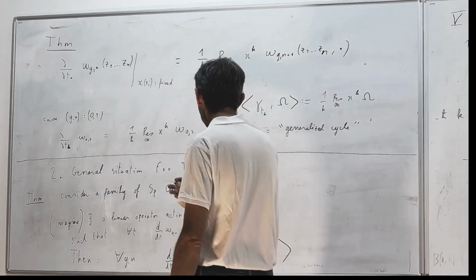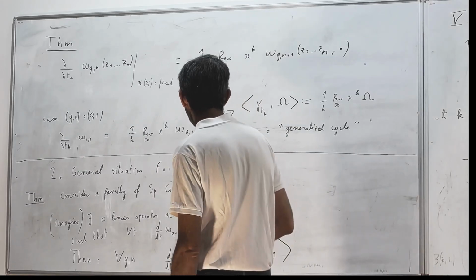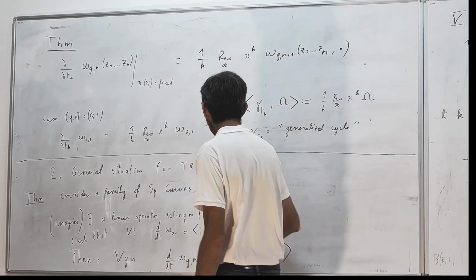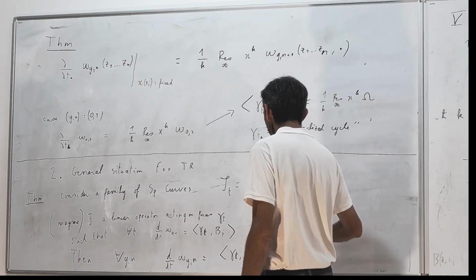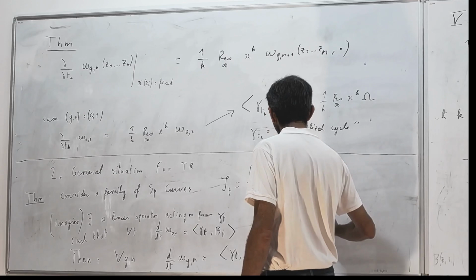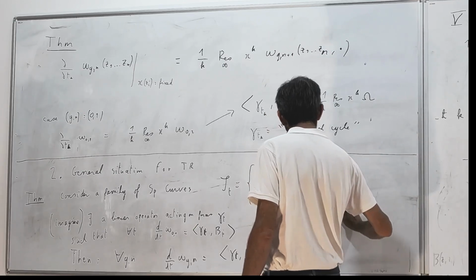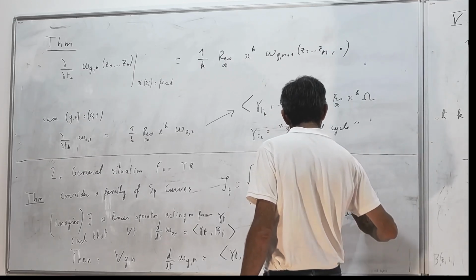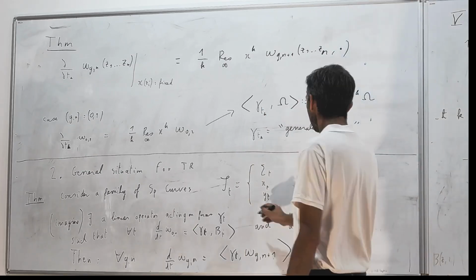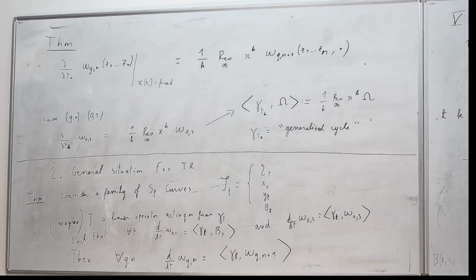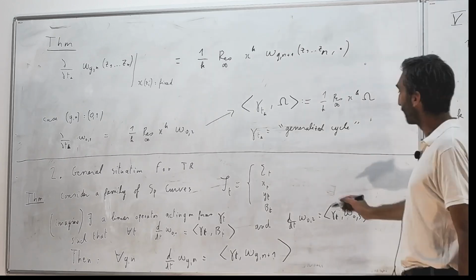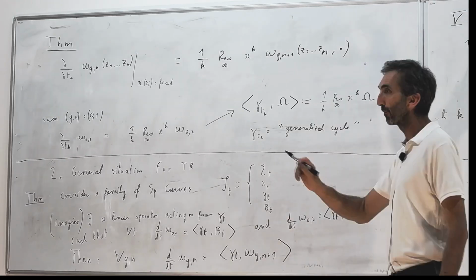Sorry, I skipped a detail: such that this is true for omega 01 and d over dt of omega 02 is gamma t omega 03. So if it's true for both of them, then it is true for all of them. The reason why I skipped it and didn't mention it in the matrix models is that whenever B is the Bergman kernel, this second property is automatic.